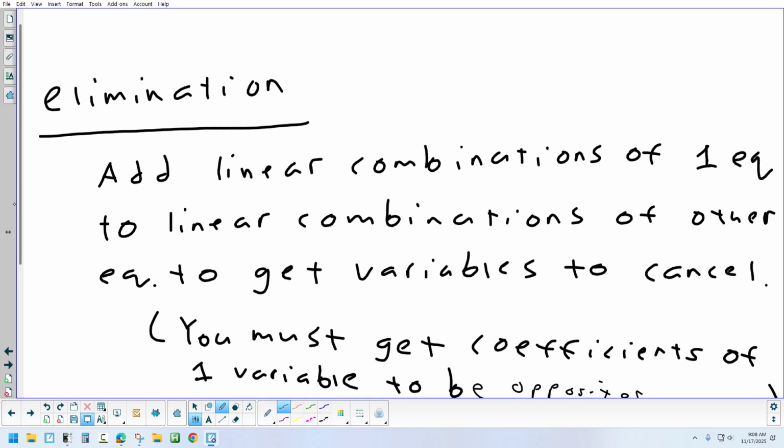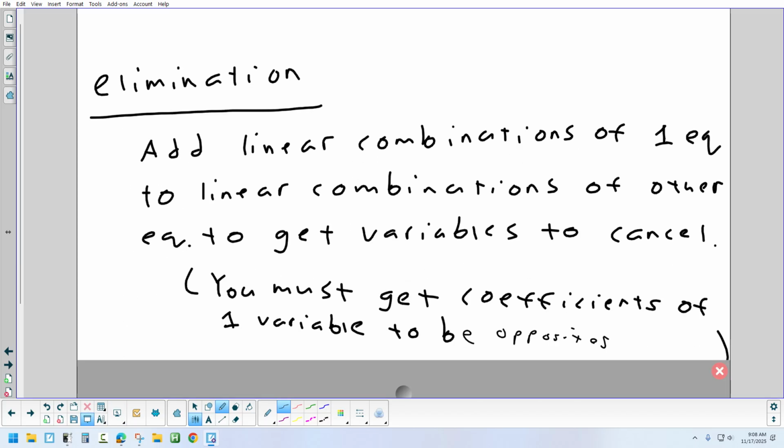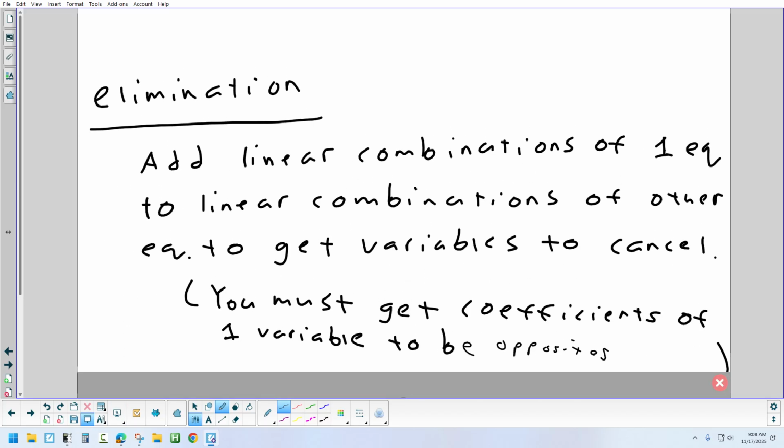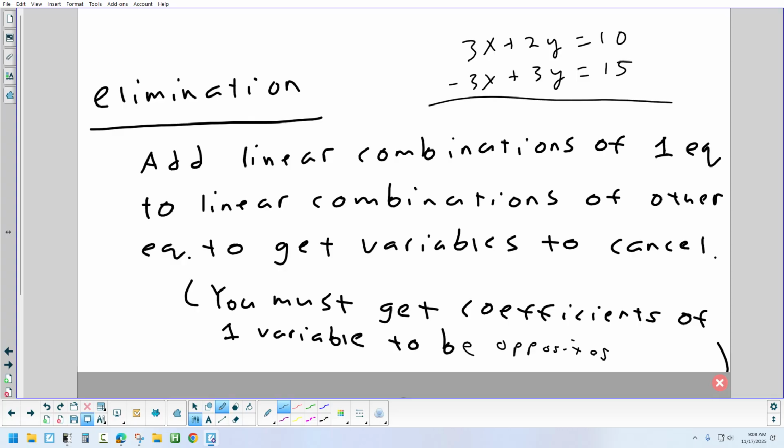Okay, here's two equations that would be perfect the way they are for elimination. 3x plus 2y equals 10. Negative 3x plus 3y equals 15. Those are set up perfect for elimination.